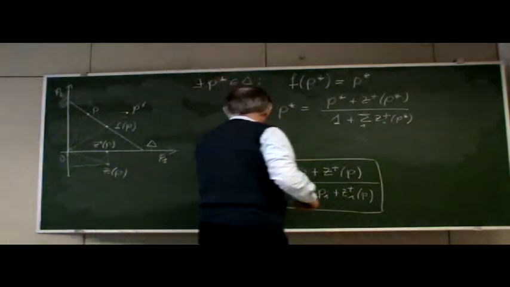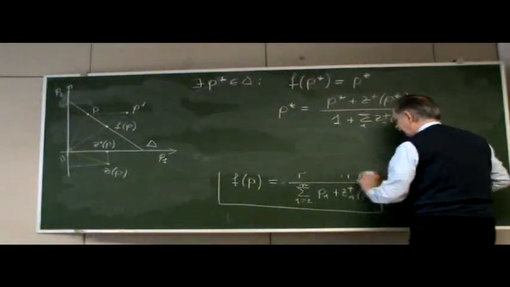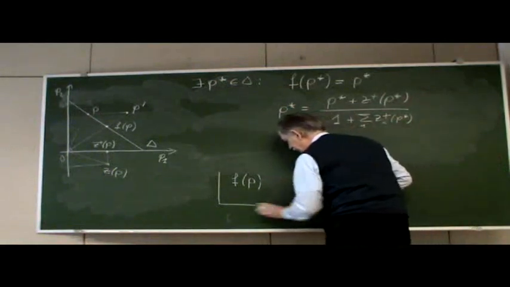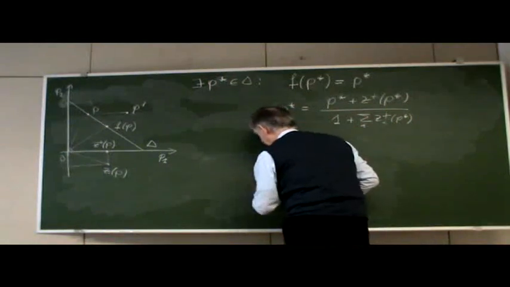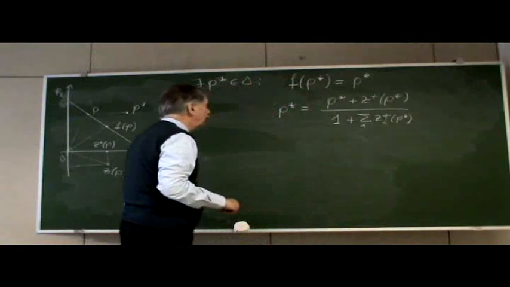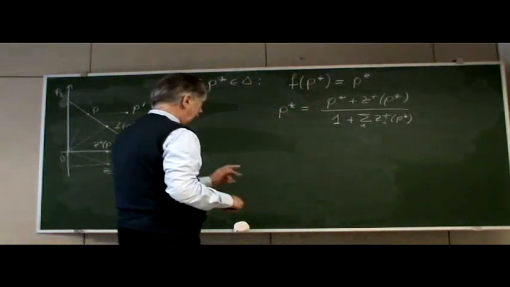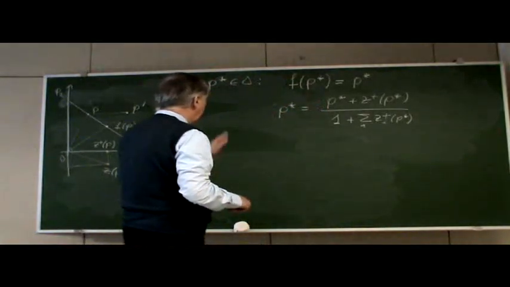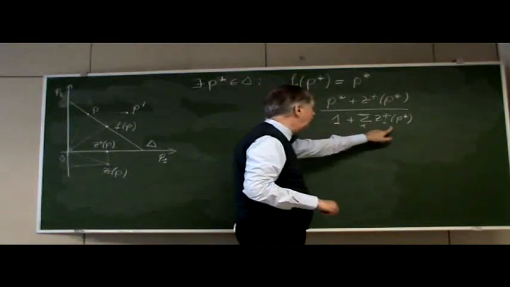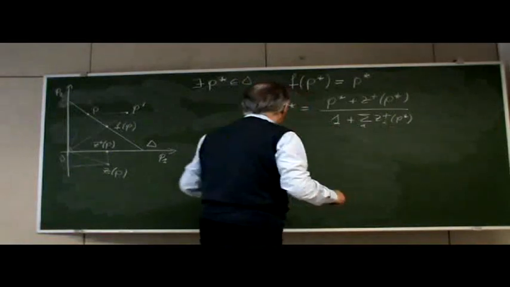Now, the remaining part of the theorem is simply calculation. Multiply both sides of this equality by this denominator, which is a positive number, of course.